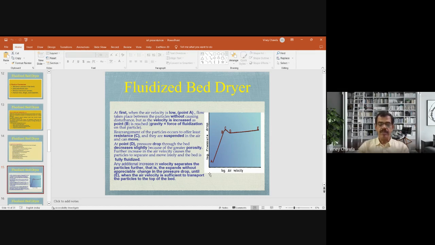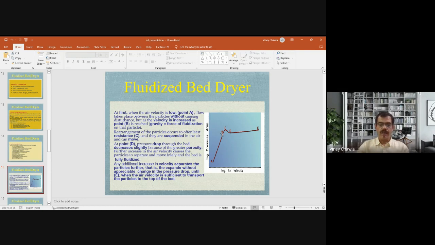So at first, when we just start the fluidized bed dryer, air velocity is low, point A. So flow takes place between the particles without causing any disturbance. But as the velocity is increased, we reach a point B where gravity is equal to force of fluidization. That is, the fractional drag on the particle is equal to gravity.